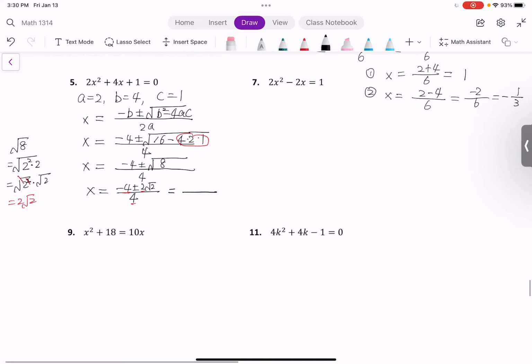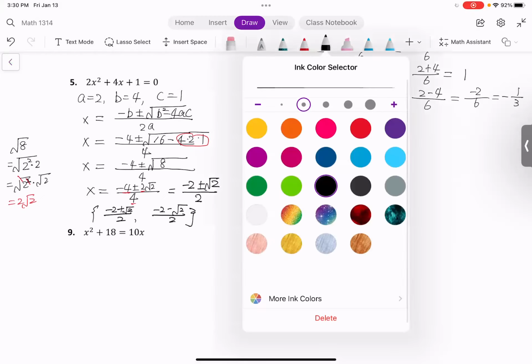Negative 4 divided by 2 is negative 2. And plus or minus 2 divided by 2 is 1, so square root of 2. The denominator is 2. We have 2 solutions. The first one is negative 2 plus square root of 2 over 2. The second one is negative 2 minus square root of 2 over 2. Let's see.